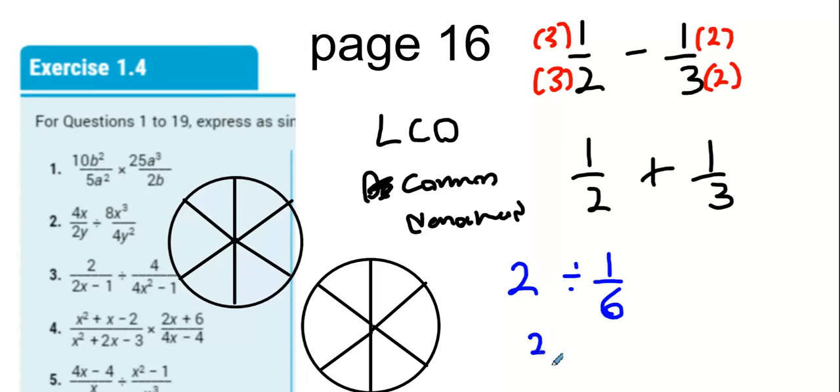So 2 multiplied by 6, 12. If I flip the first fraction, I would have only got 3. So in general, when you're dividing, you only ever flip the second fraction, not the first one. And there's clear evidence. Dividing pizzas into sixths, you get 12 slices clearly. The one on the right, the one that's behind the division sign, turn it upside down.